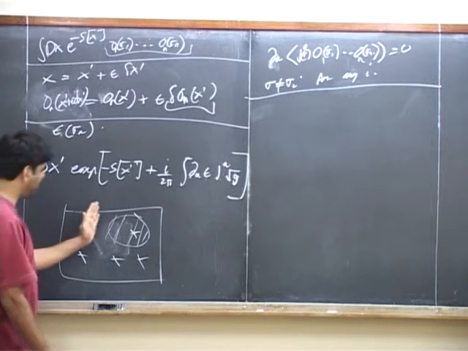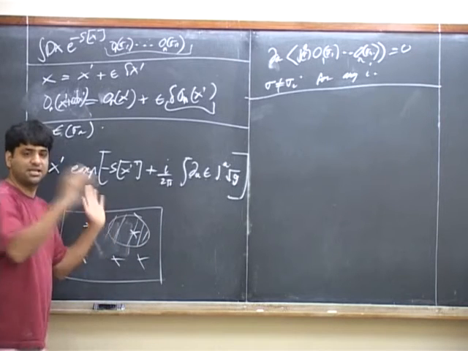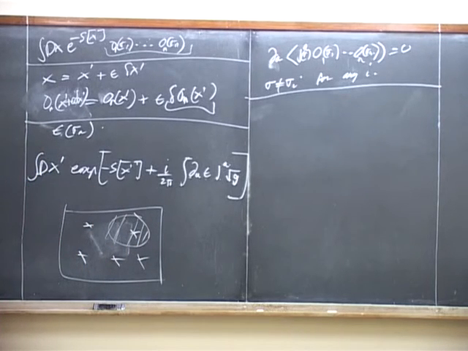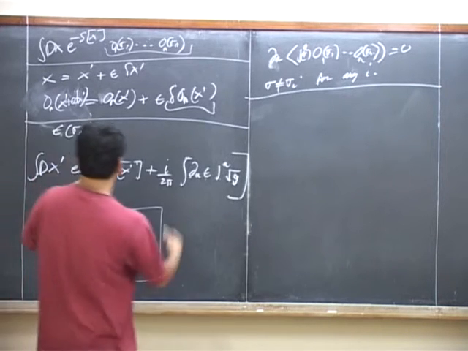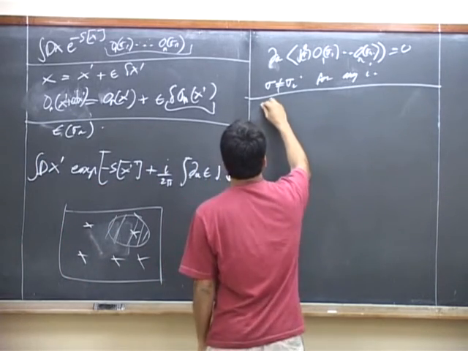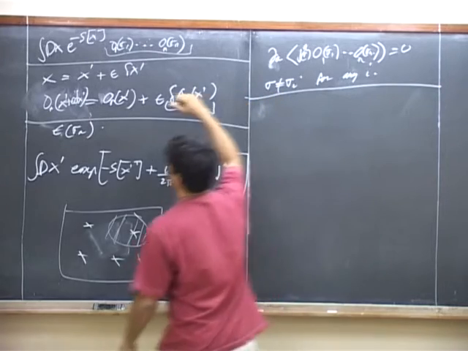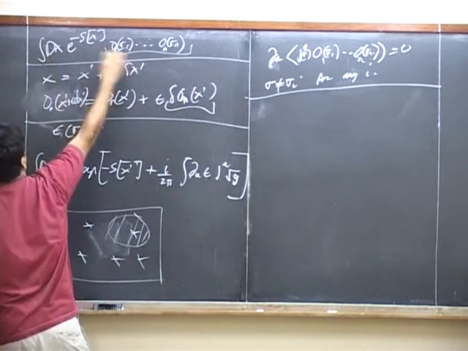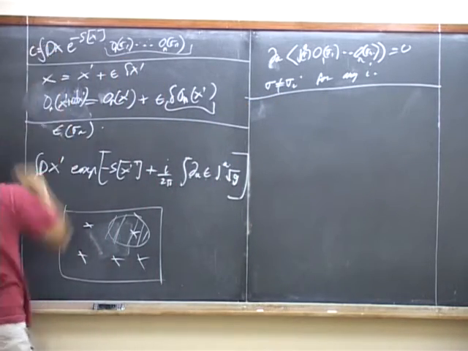And as we said, we choose epsilon to be 1 everywhere in this region and 0 outside. Now let's perform the same manipulation and see what we get. The first thing we see is that when we do this change of variables, for the partition function, let's call this quantity C, C is equal to this.